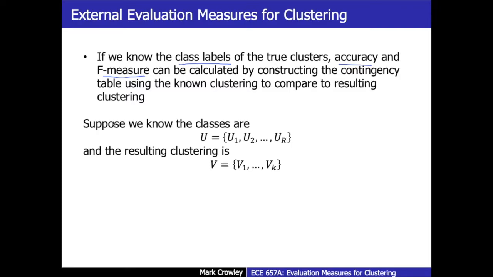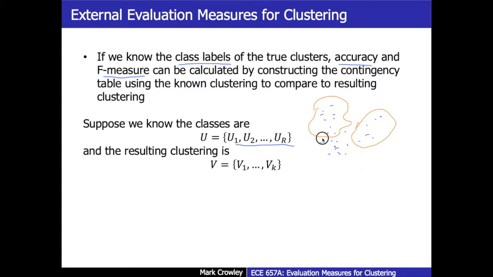But there are also a number of clustering specific measures that are useful because they take into account the kinds of things that we want clustering to be good at. So assuming that we know the classes, we use the original correct classes for all the data points. So again, we've got some number of points, right? And there is a correct kind of assignment for all the points that has been given to us.